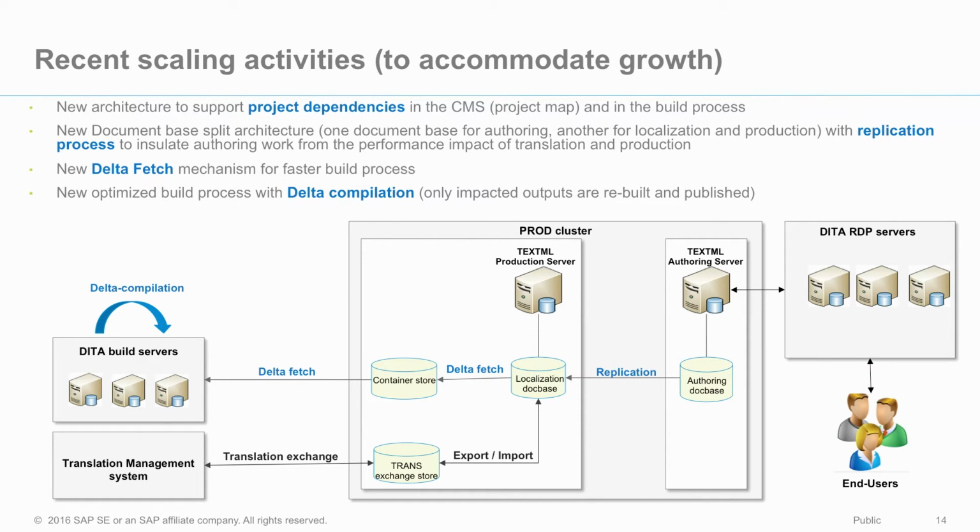Another aspect here is to talk about all the optimization we have done within the landscape, and this was really necessary, as you can see from the volume. So we introduced the notion of project dependencies. Two main use cases behind this.